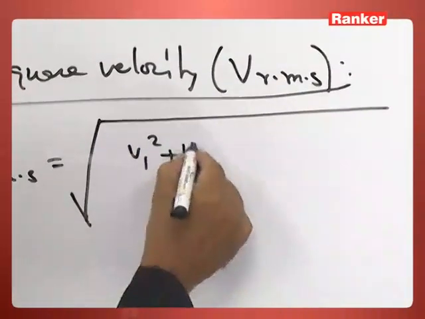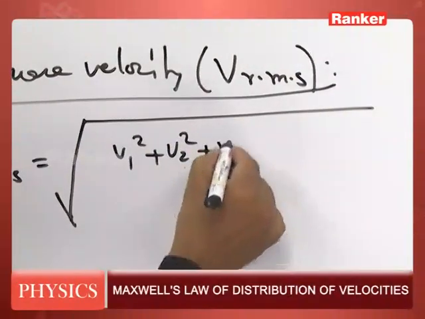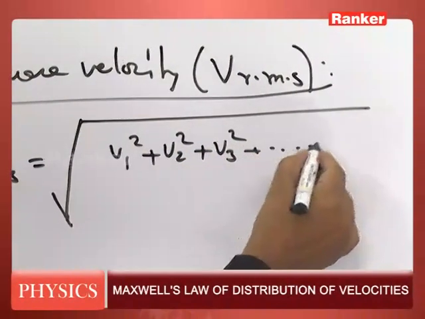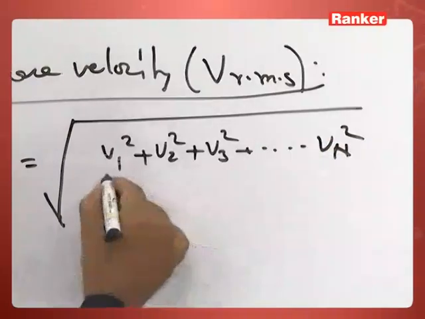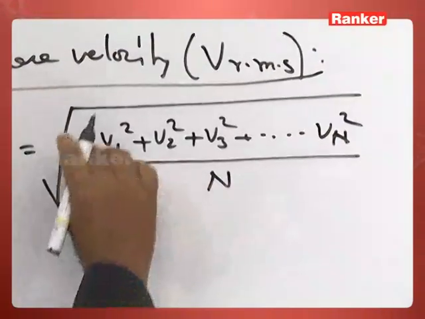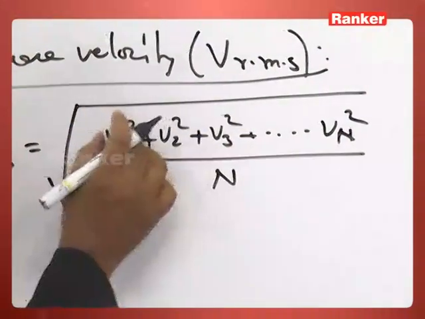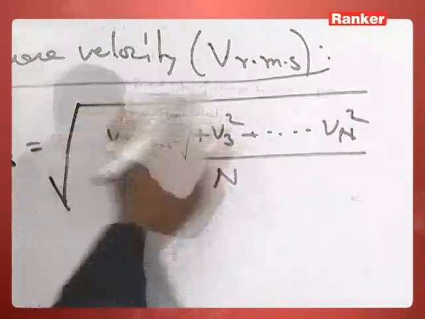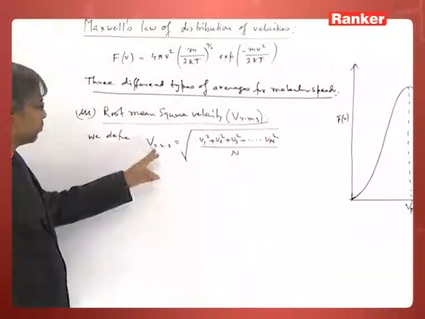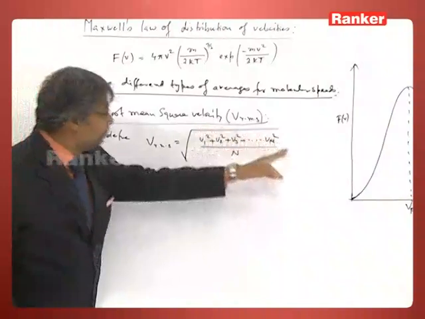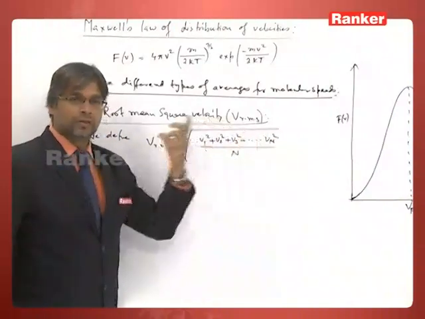Suppose V1 is the velocity of one molecule, V2 another, up to Vn, so this is the mean of the square of their velocities, and its root is V_RMS, the root of the mean of the square of velocities.